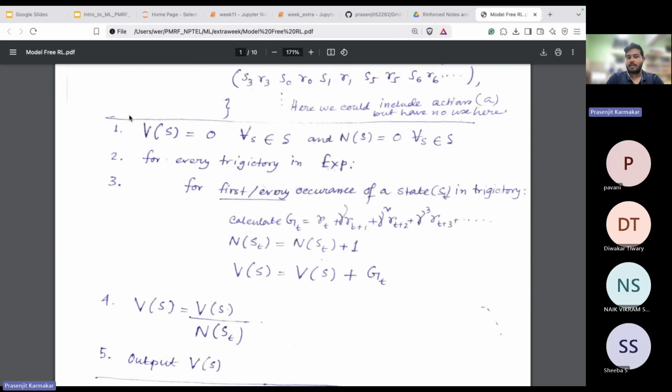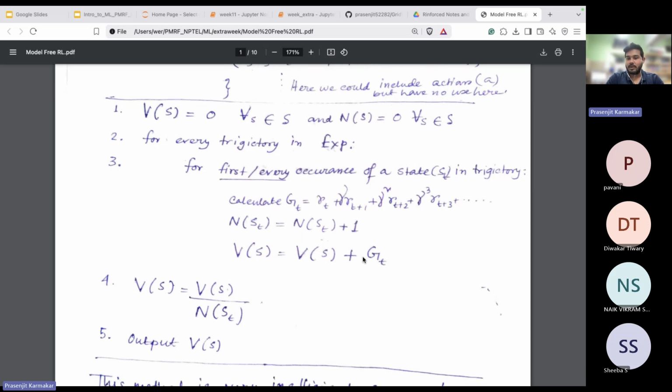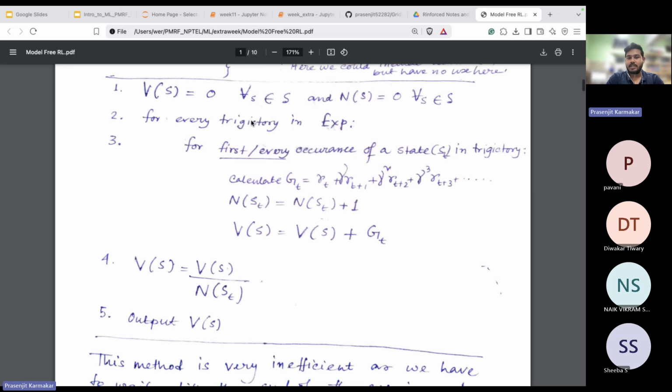You initialize every state value function to be zero, right? For every trajectory, you calculate the return for every state, okay? And then you basically sum up all the returns for all the states. And after you sum up for the entire experience, you divide by how many times you visited that state. So basically an average, right?